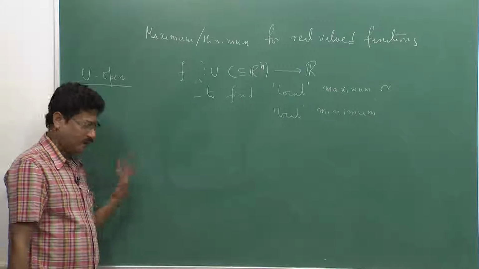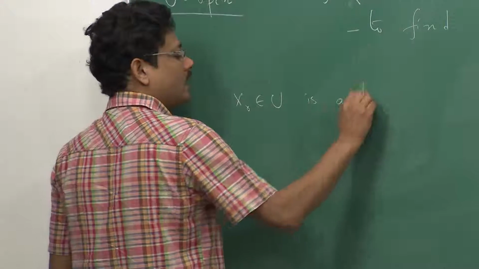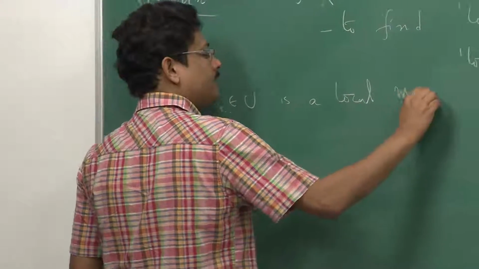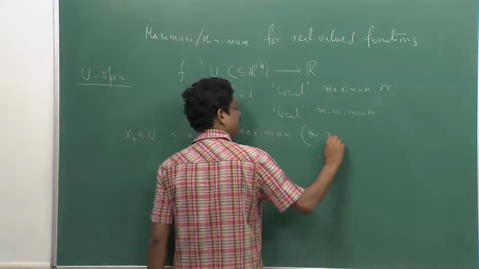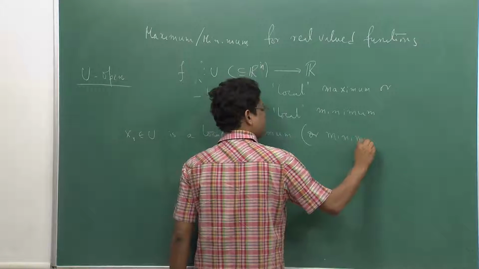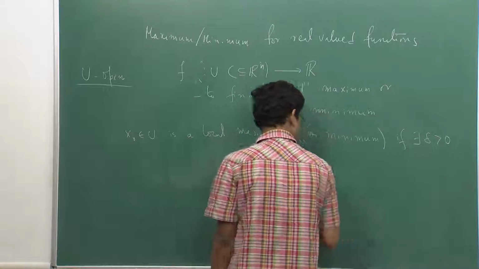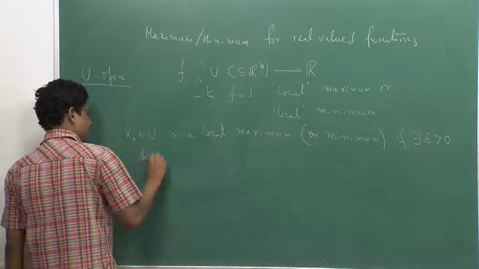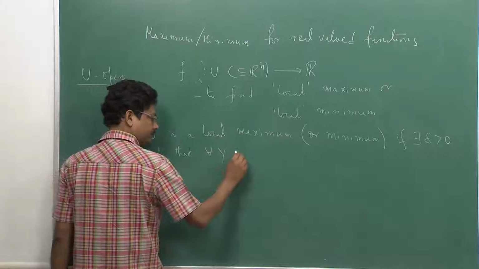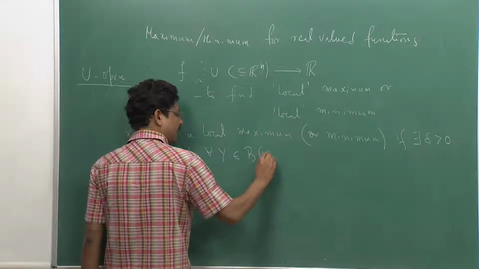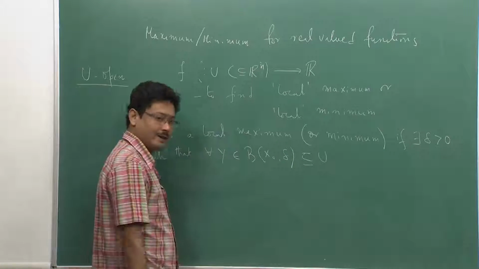This means x naught in U is a local maximum or minimum if there exists a delta greater than 0 such that for all y in B(x naught, delta), of course we are inside U. So, this ball should be inside U, I should not go outside.